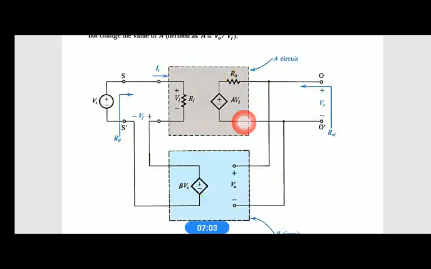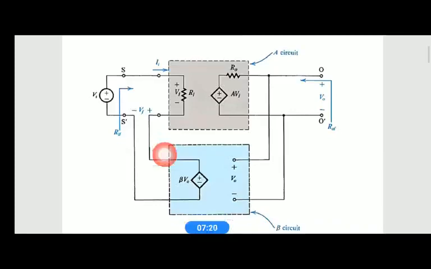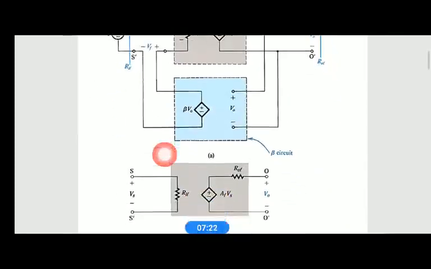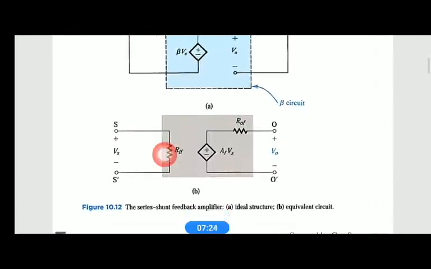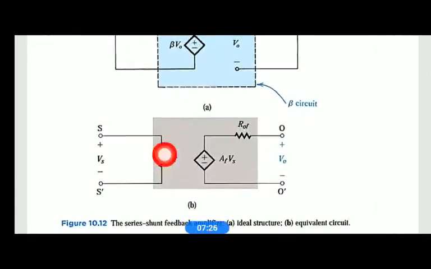Whereas the gain for the total amplifier circuit, including the feedback network, that is the gain for the amplifier with feedback, is AF, for which the input is Vs and the output is V0. So V0 by Vs is the gain for the amplifier with feedback. So this whole equivalent circuit we are taking between the points S, S dash and O, O dash.